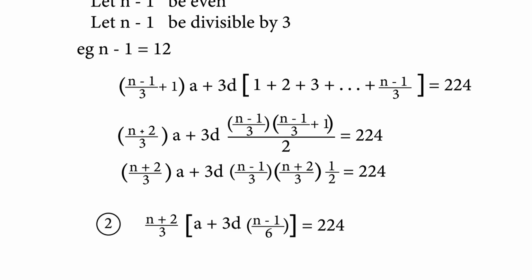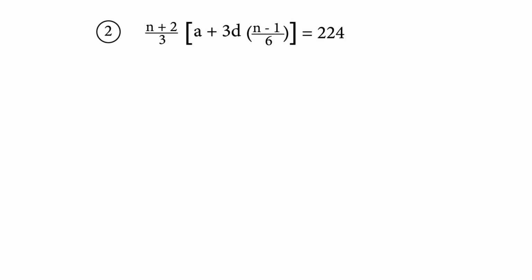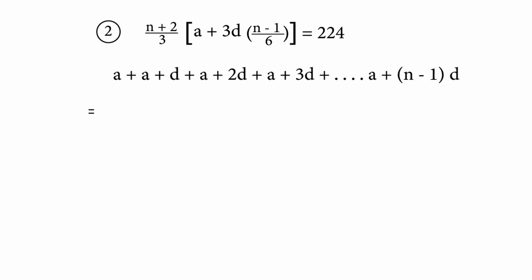Now, since we have looked at the two criteria, let's look at the entire sequence. A plus (a plus d) plus (a plus 2d), and so on, all the way up until the very last term, which is a plus (n minus 1)d. Let's add all of that up.